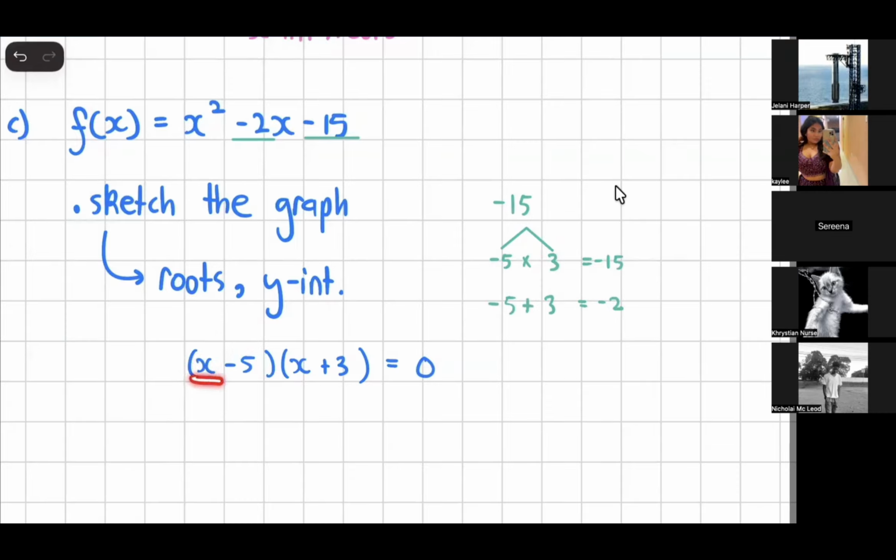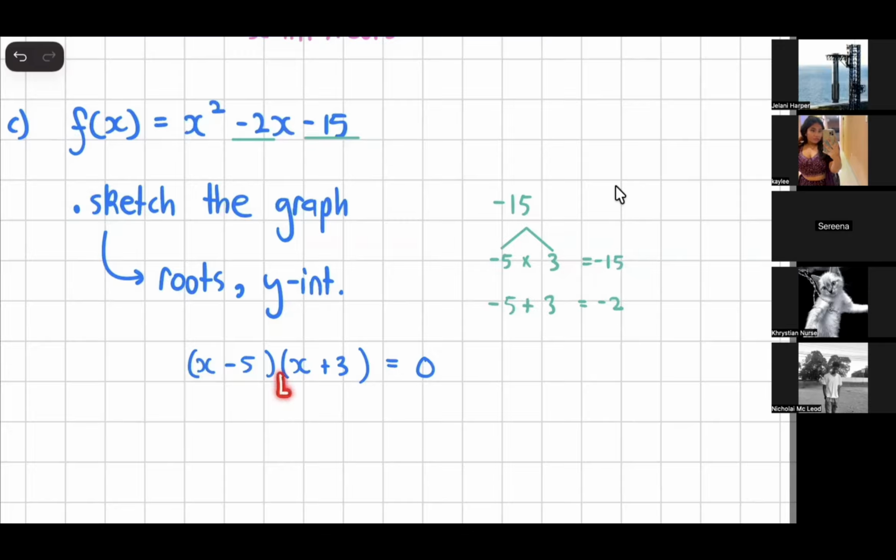What minus 5 is 0? I feel like you're overthinking it. What minus 5 is 0? 5, sir. Yeah, 5. What's 5 minus 5? 0, sir. Yeah, it's 0.